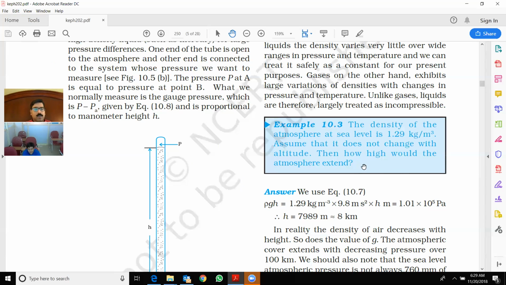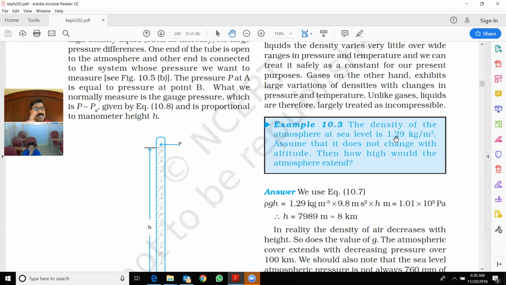You know that. 1 atmosphere, and that is equal to 1.01 into 10 to the power 5 Pascal, right? What you have been given is rho, or density of the air. G, you already know, 9.8 meter per second square, or you can assume 10 meter per second square.